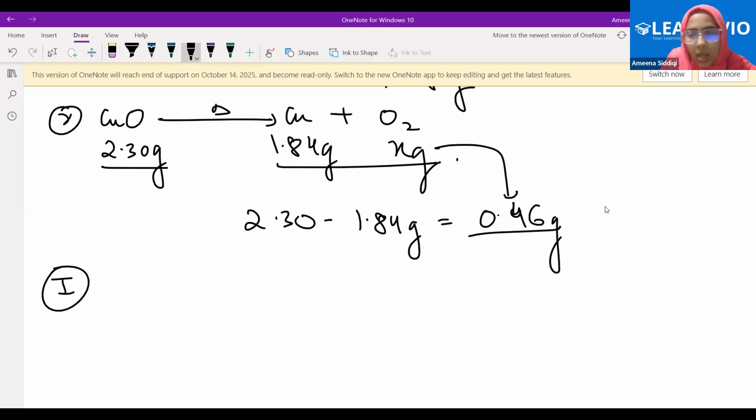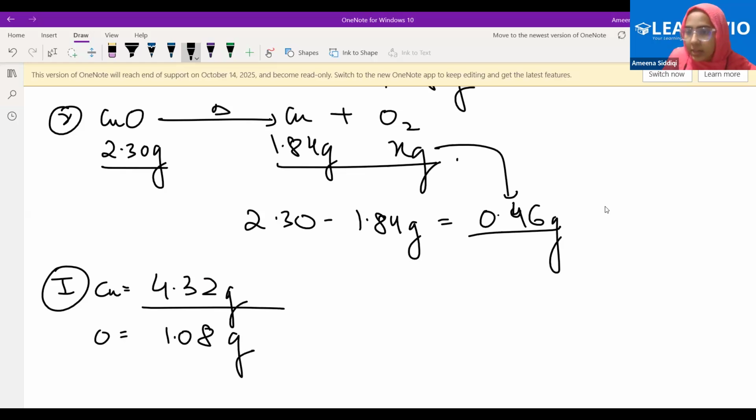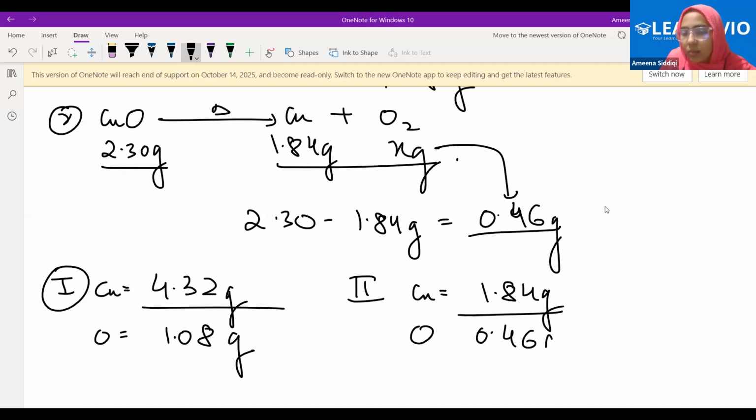In the first part, what is the mass of copper? 4.32 grams. What is the mass of oxygen? 1.08 grams. In the second case, what is the mass of copper? 1.84 grams. What is the mass of oxygen? 0.46 grams. Just divide them.